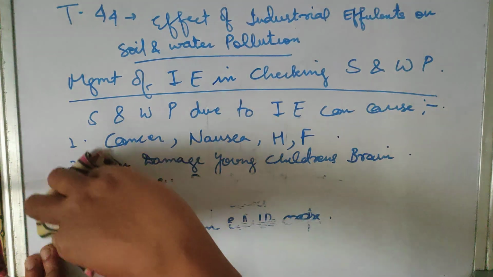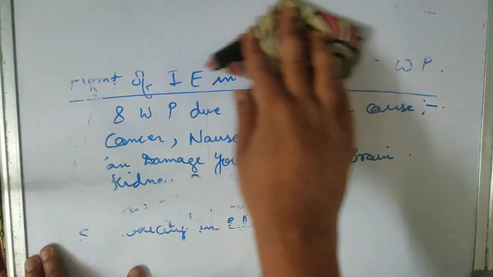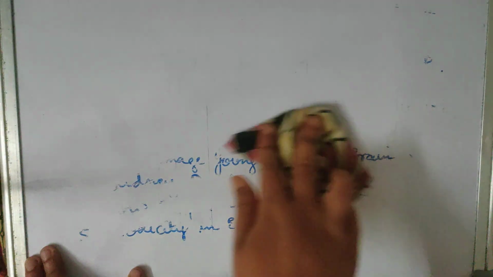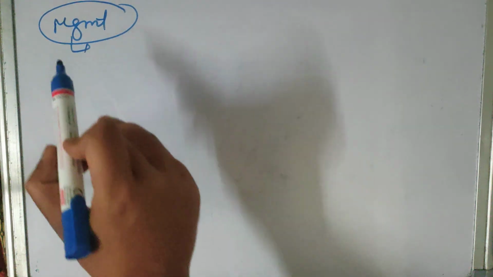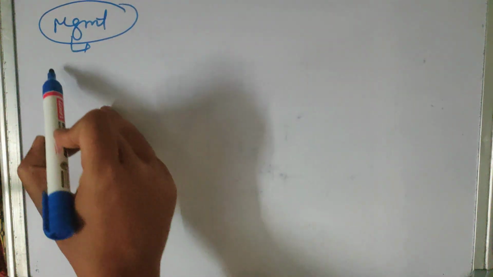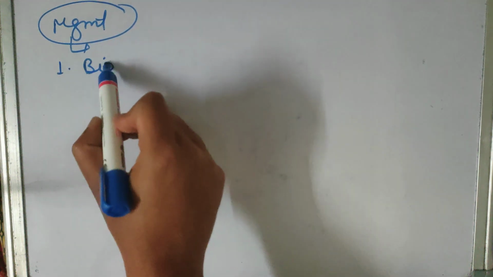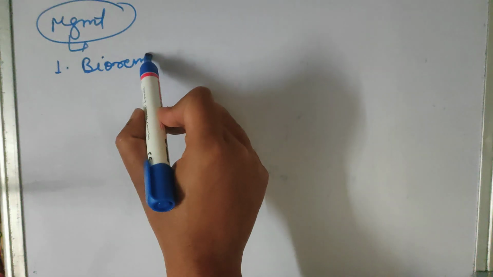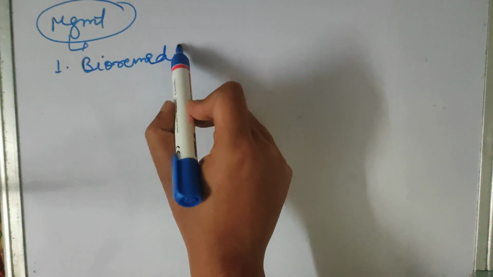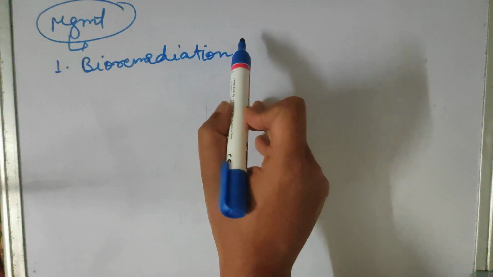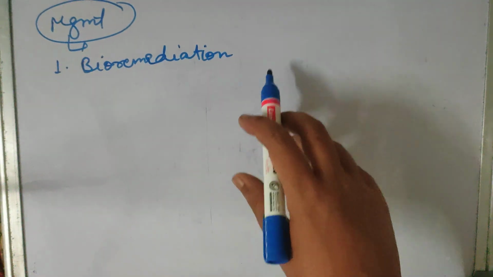Now moving on, how will we manage this? Management of industrial effluents on soil and water pollution. First of all, we can do bioremediation.